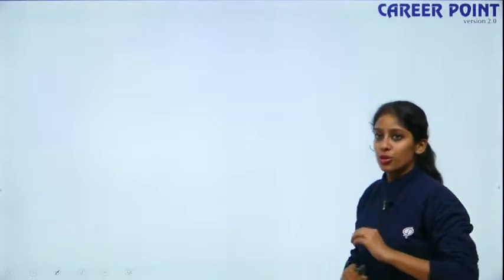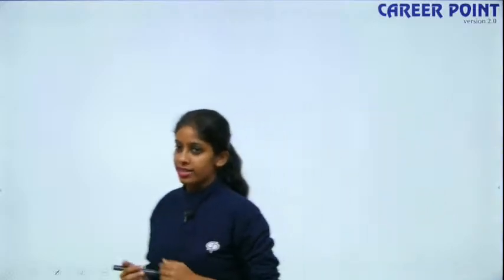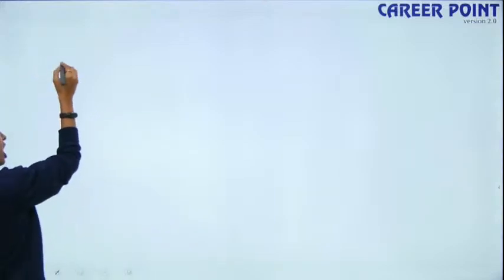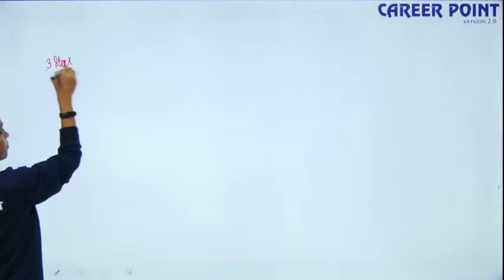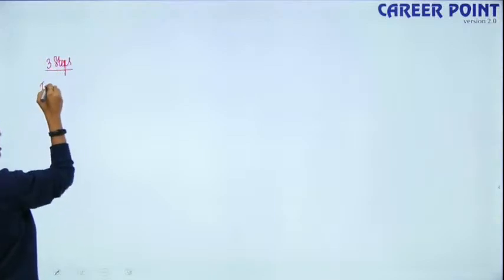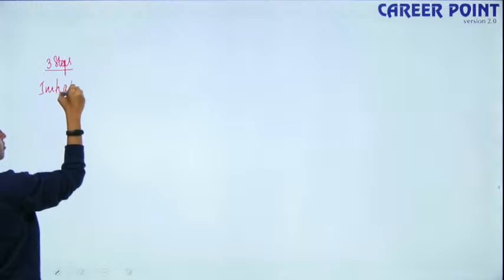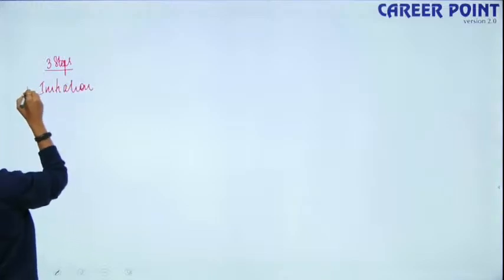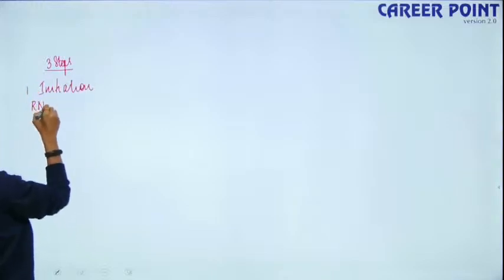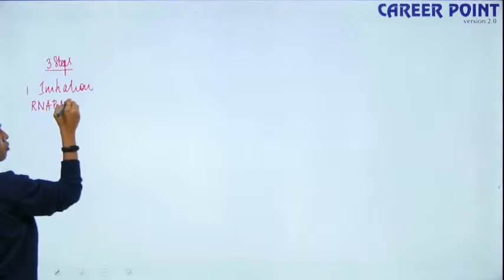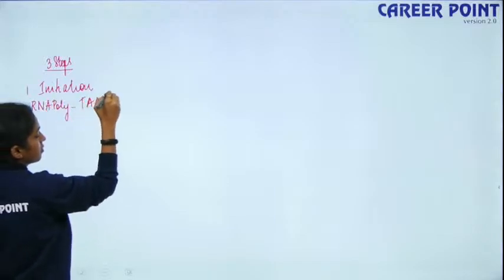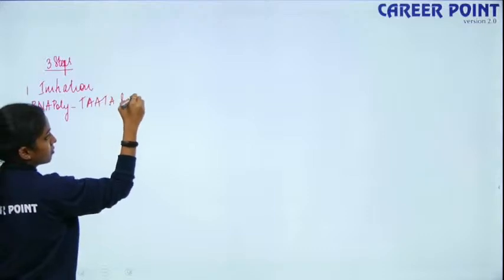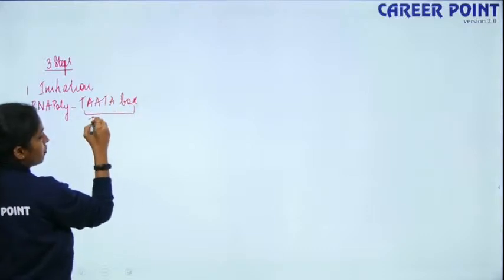In case of eukaryotes, it is a bit more complicated just because we are multicellular organisms. Here also we have three steps in transcription. First we have initiation. In initiation, RNA polymerase will recognize the TATA box of your promoter, which is present in the promoter region.